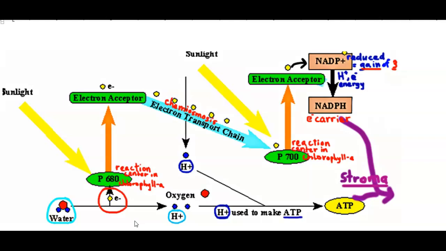None of it is going to dissipate. It's going to get totally focused on that electron. So that electron, which initially was in a lower energy state, now has received all this energy, so it goes to a higher energy state. It can't stay where it is. It goes out of the electron shell and gets picked up by an electron acceptor. And what is that electron acceptor going to do?